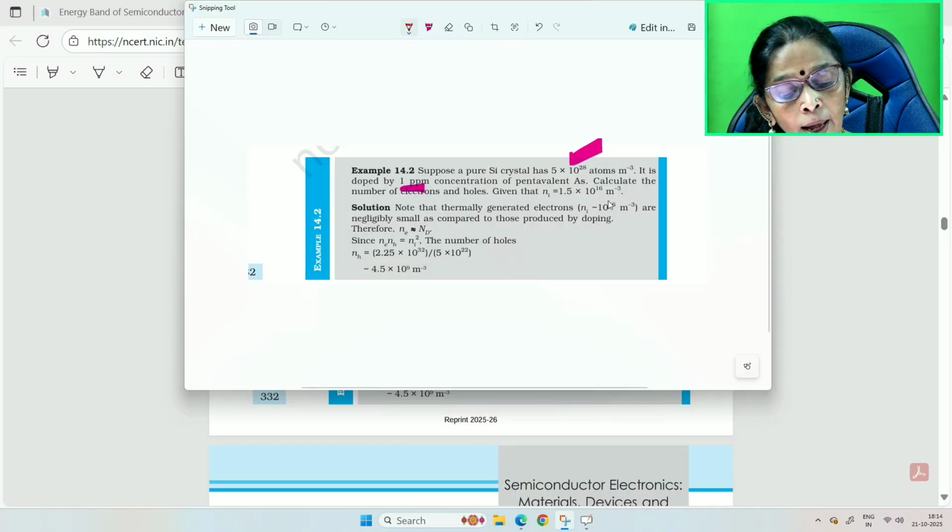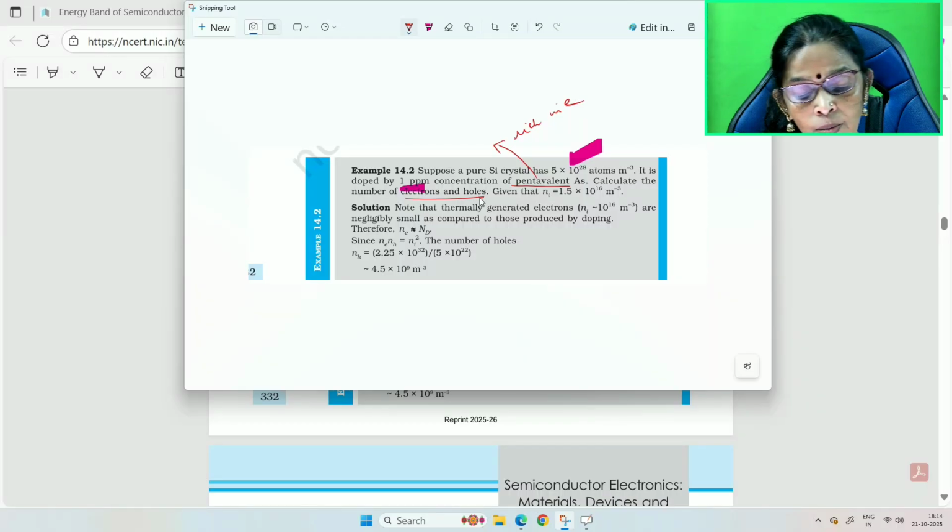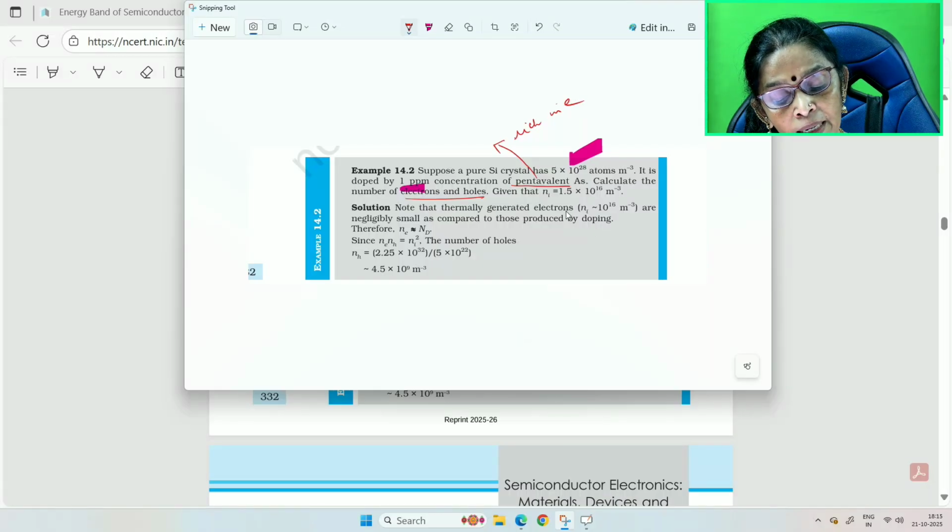And pentavalent impurity means, as I have already told you, rich in electrons. Calculate the number of electrons and holes. Here, the thermally generated electrons are approximately 10 power 6 per meter cube, negligibly small as compared to those produced by doping.